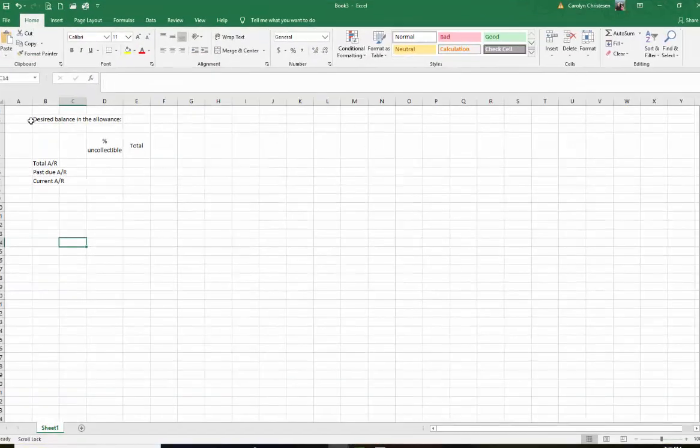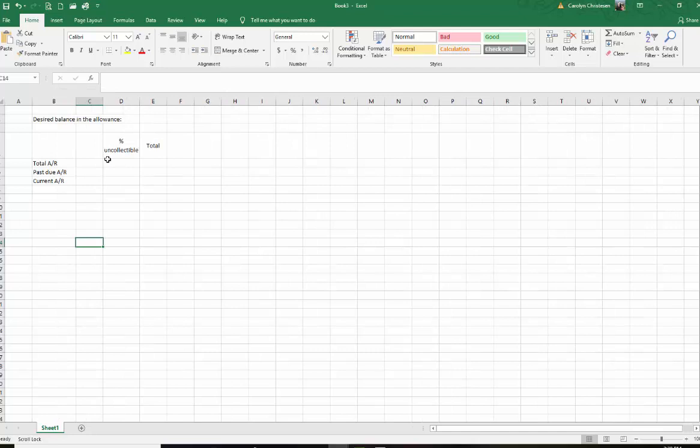The first step when you're making your adjustment for bad debts is you need to find the desired balance in the allowance. Our total accounts receivable right now, we said, is $15,000.